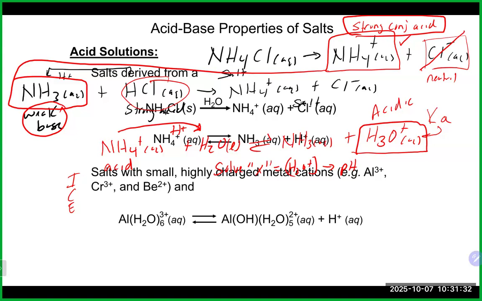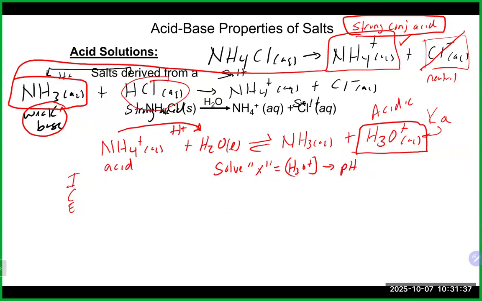So we have an aluminum in this case that has 6 waters and a +3 charge. Another way we can get an acidic salt is a metal, a lot of times a transition metal with a fairly high positive charge, 2 or 3. Aluminum occasionally, maybe beryllium as well, but most of the time it's going to be something like this.